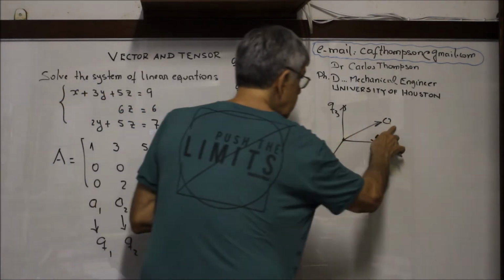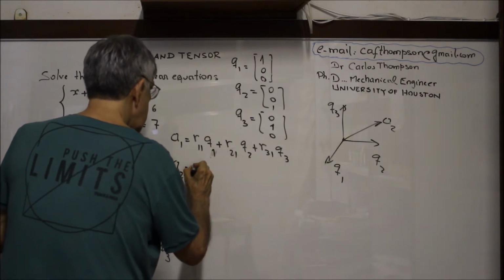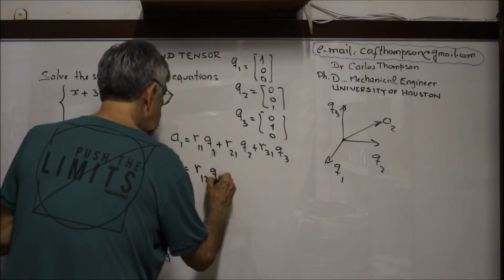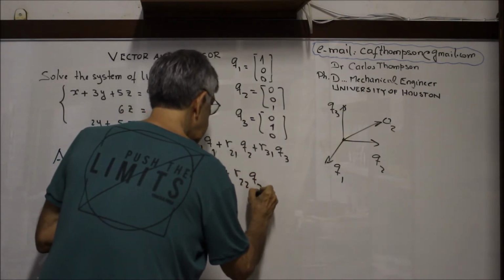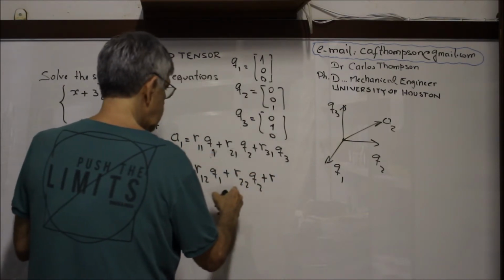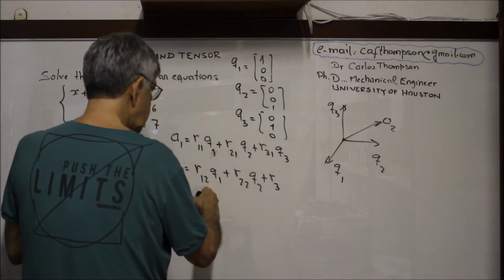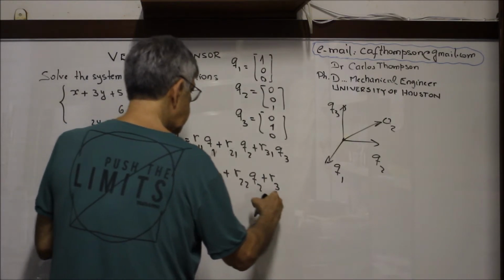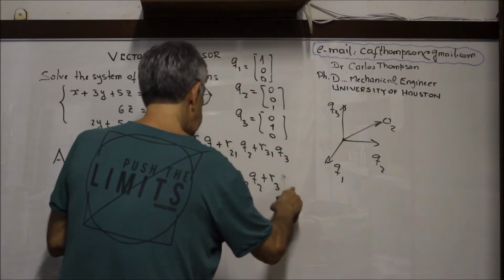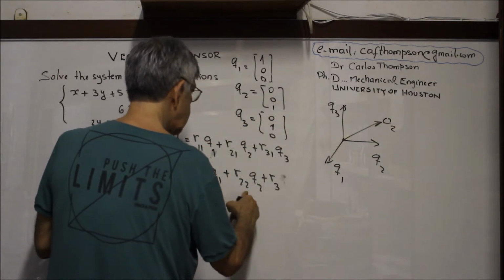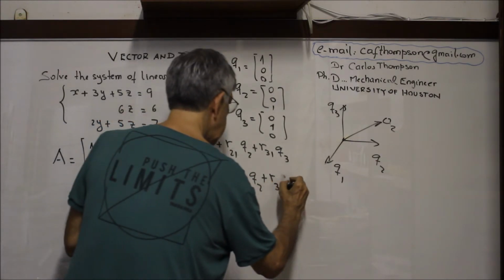Now let's put A2 here, okay? So A2 is R1,2 Q1 plus R2,2 Q2 plus R3,2 Q3. There's always 2 here.